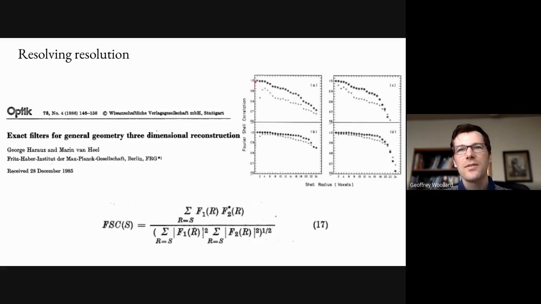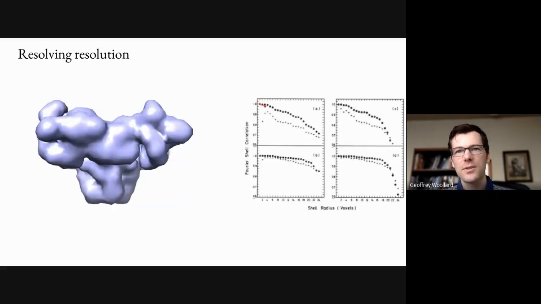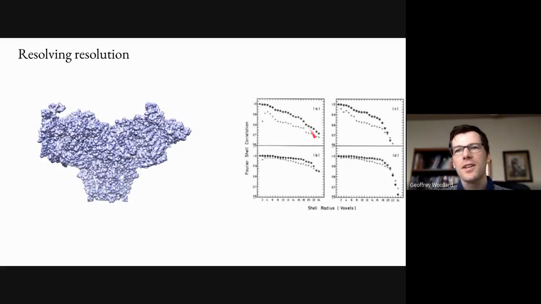And you'll have a characteristic curve, this is correlation, and this is the level of detail. Here you can see this would be up here at very low resolution, going to higher resolution, and so on. And eventually the two maps would be very different from each other, and it would drop off. And then you just report the number where it drops below some threshold, or give the whole curve.